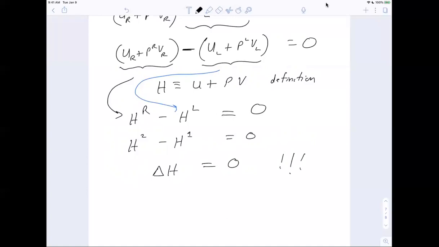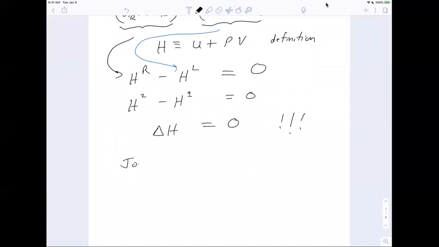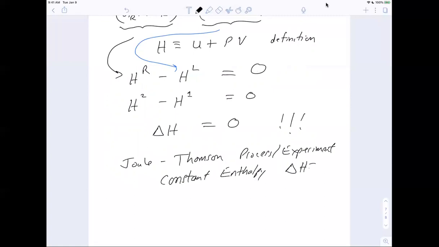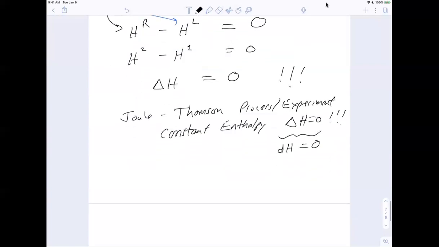So what we found is that the Joule-Thomson experiment, or process, or experiment, whatever you want to call it, is constant enthalpy. Delta H is equal to 0. And that's pretty good, right? Because equivalently we can write dH is equal to 0 along the process, and we integrate this.